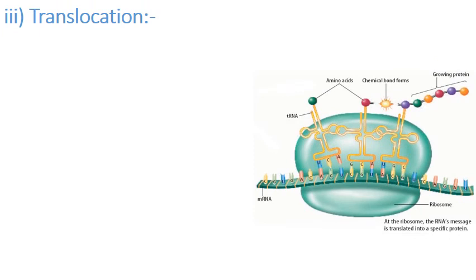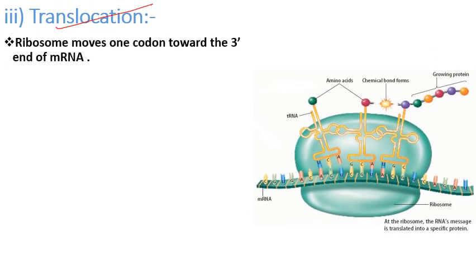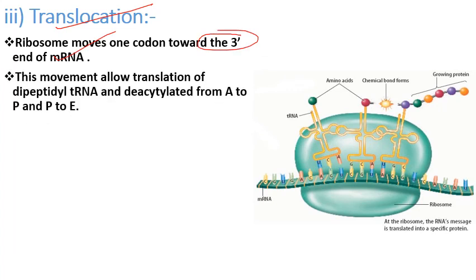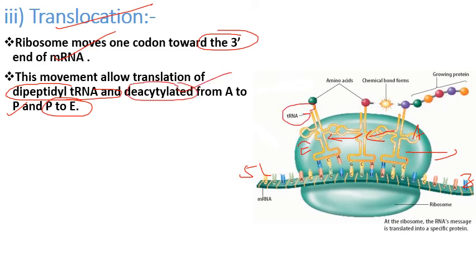Then the third step is translocation. Here, the ribosome moves one codon towards the 3' end of the mRNA, and this movement translocates the dipeptidyl tRNA and the deacetylated tRNA from A to P and P to E. So, with this movement of the ribosome in the 5' to 3' direction, the tRNA present at the A site gets shifted to the P site, and the one present at the P site shifts to the E site, that is the exit site, which is deacetylated.